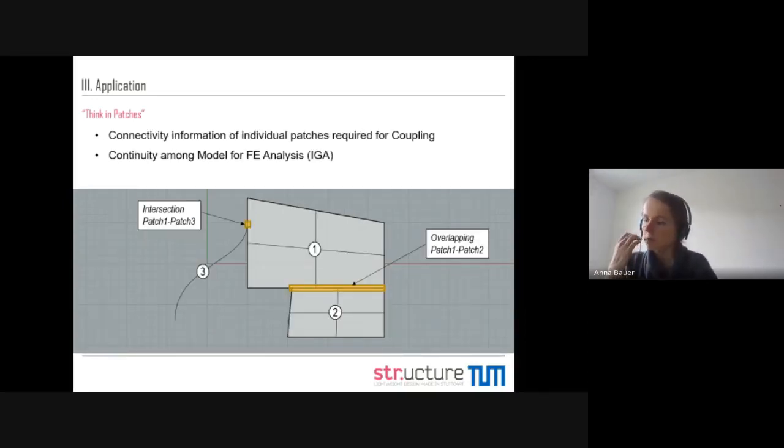And what you have to have in mind as well is that we are using the intersection capabilities of Rhino in order to get the connectivity between different elements. So if Rhino can detect an intersection between two geometric entities, it will be coupled per default. So if there's an intersection, there can be a coupling condition in between those two patches. And this can either be overlaps or points.